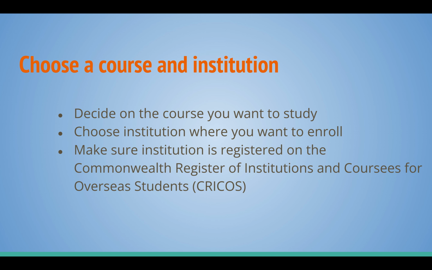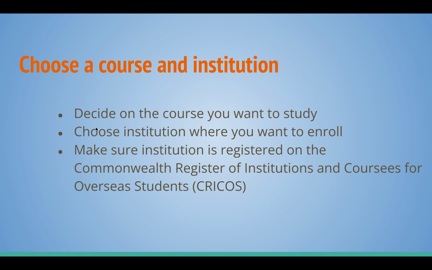In order to apply for a student visa, since you are going to study, first of all you need to choose a course and the institution. So you need to know which course you want to study, and then which institution you want to go for.